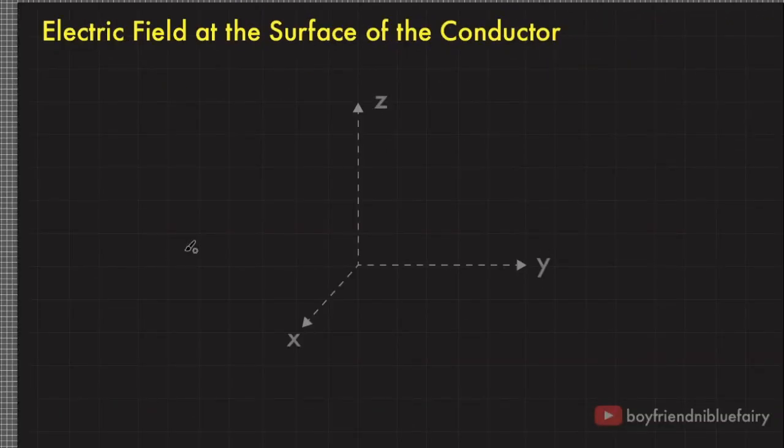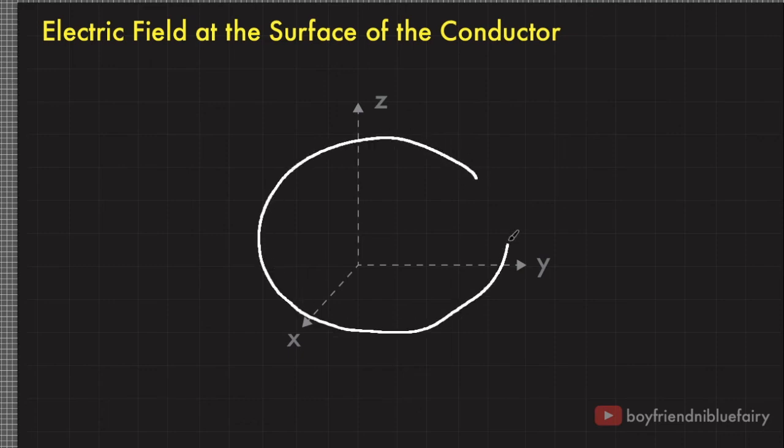This time, let's use Gauss's law to derive an expression for the electric field at the surface of a conductor. So imagine we have a solid conductor of any shape. Initially, this solid conductor has zero charge. But if we populate it with a bunch of charges, for example, this one. Since this is a solid conductor, these free charges have a tendency to move throughout this volume.